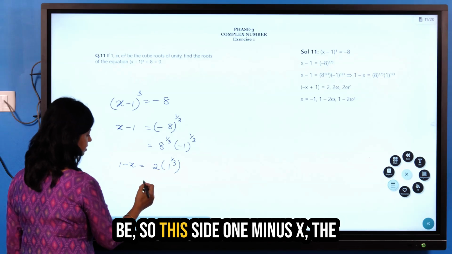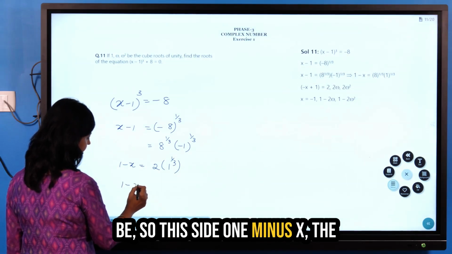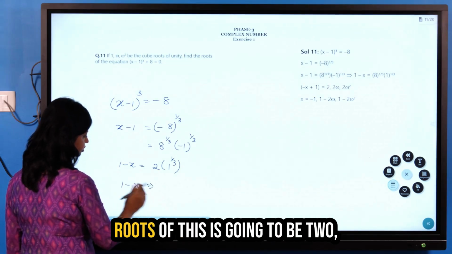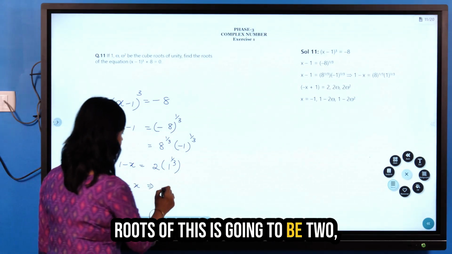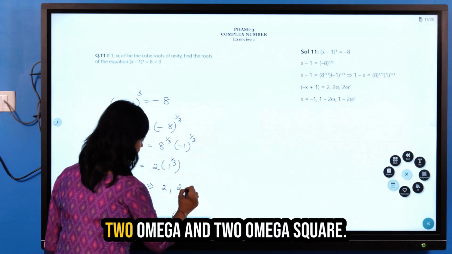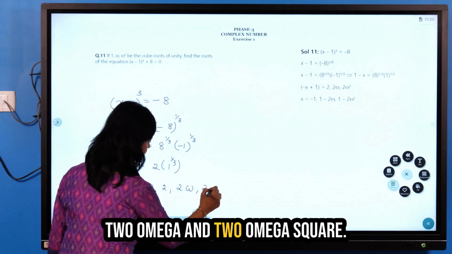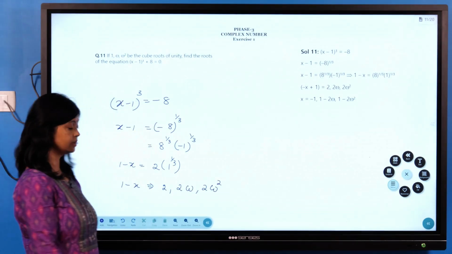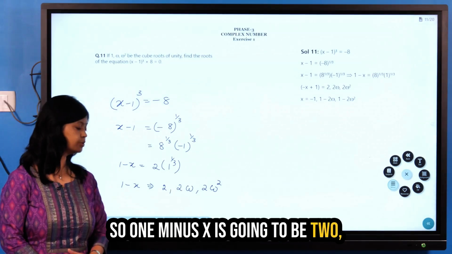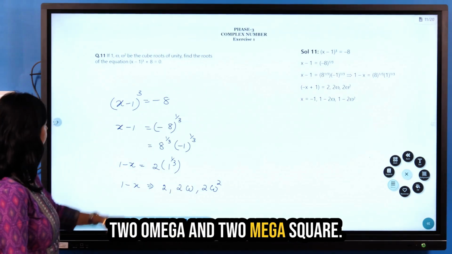We know the answer is going to be: this side, 1 minus x, the roots of this are going to be 2, 2 omega and 2 omega square. So 1 minus x is going to be 2, 2 omega and 2 omega square.